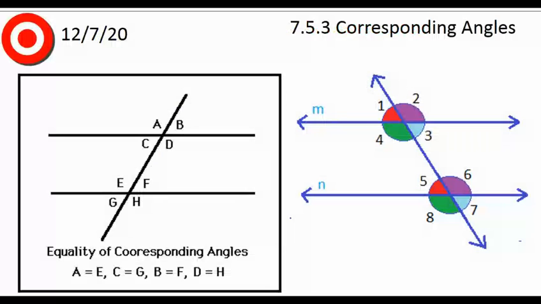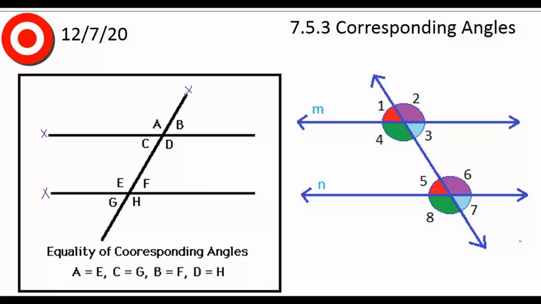So there are two different examples here. In the first example, you can see this line, I'll put an X there, and this line. Those two lines are parallel to each other. And then we've got this line up here, which crosses it. That's the transversal.